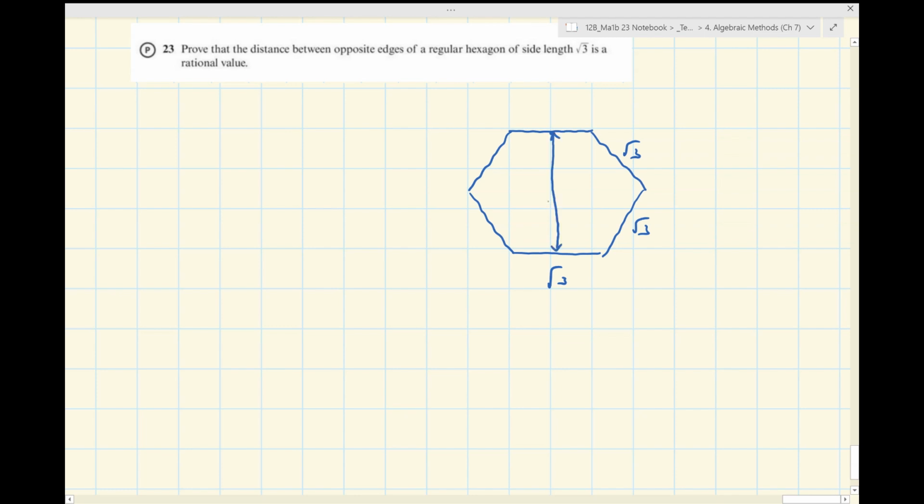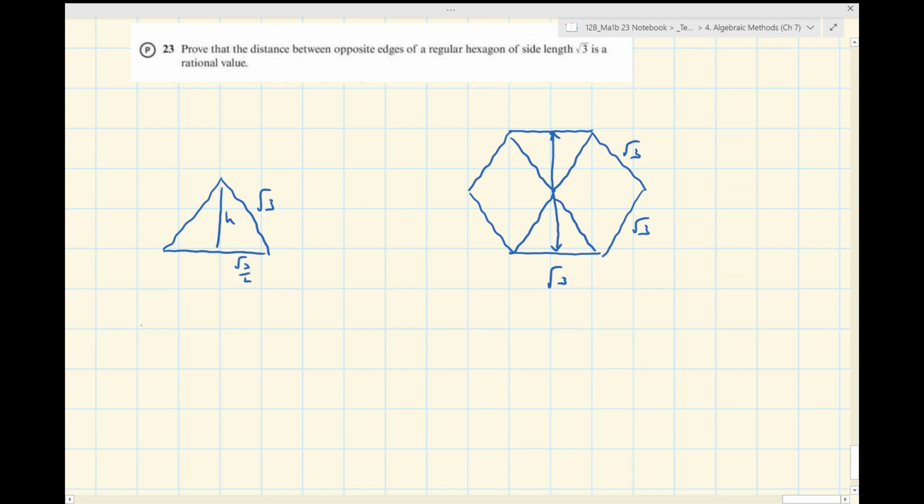Well, I wonder if I can find that distance anyway, because a hexagon is made up of equilateral triangles, like that. So if I take one of those equilateral triangles, here it is, that's root 3 there. I need to find this height, which I'll call h. That's root 3 over 2, isn't it?